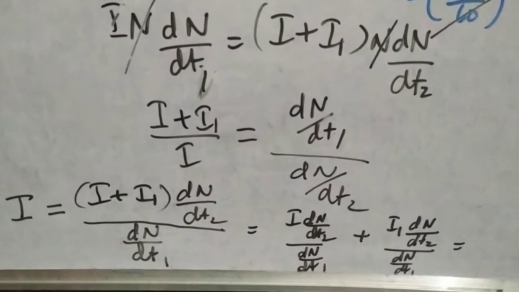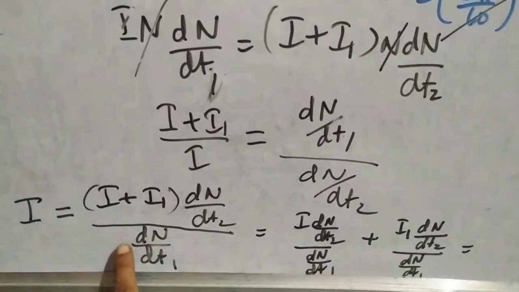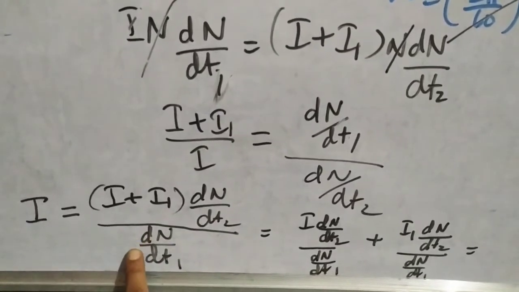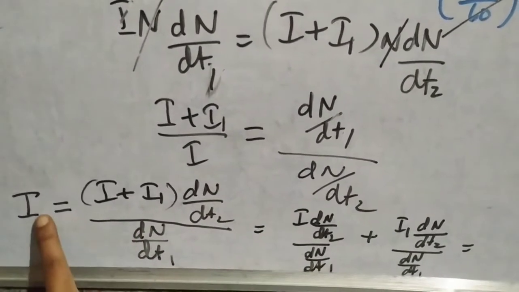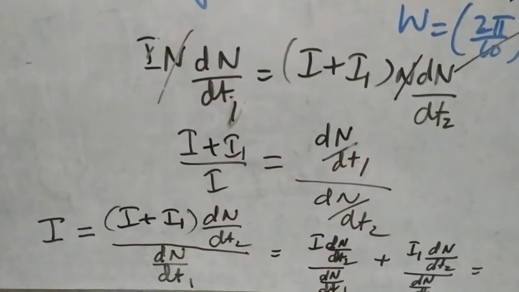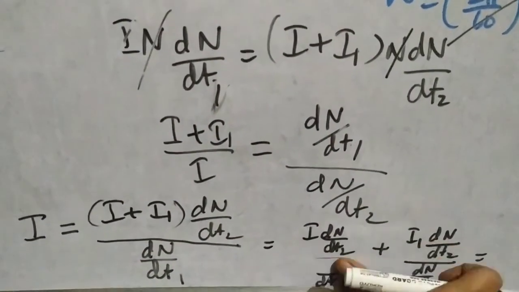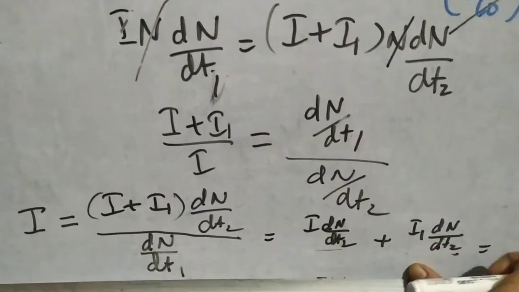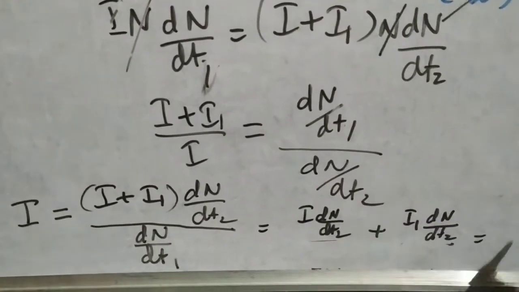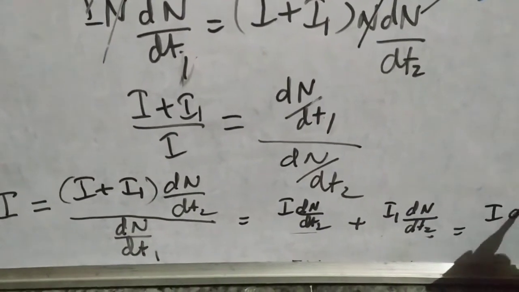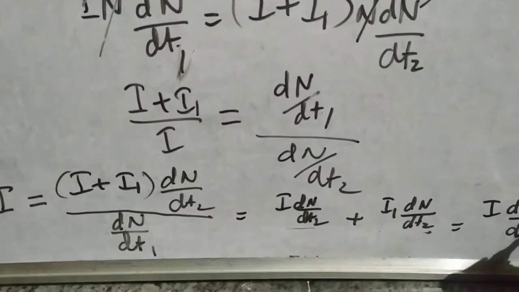Yes. See here, what will happen? This is dn by dt1. You can take it this side. So what you will get here, you will get it as I into dn by dt1.